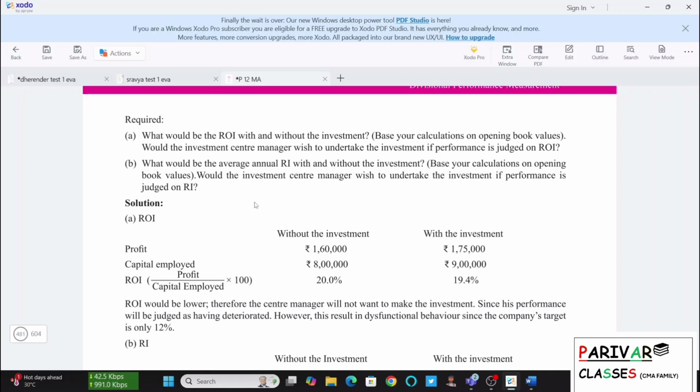Up to minimum rate of return, we have to think in terms of percentage. Over and above, if you are earning over and above minimum expectations, there you have to see in terms of absolute figures only. Because if we invest 100 rupees and we get 100 rupees, it is a 100% return.